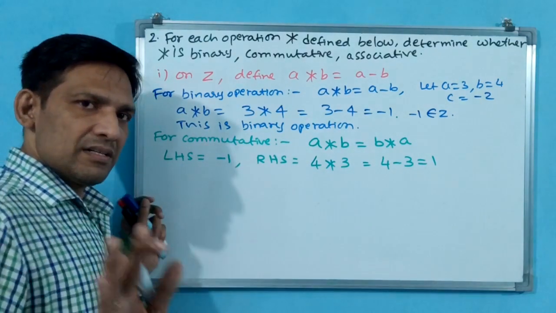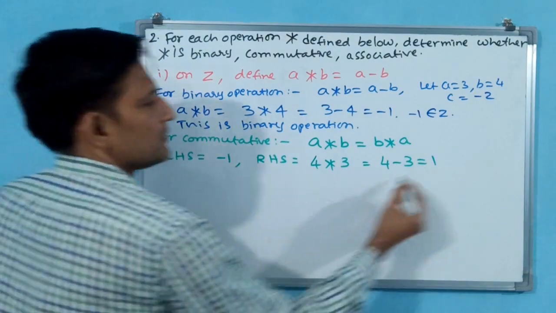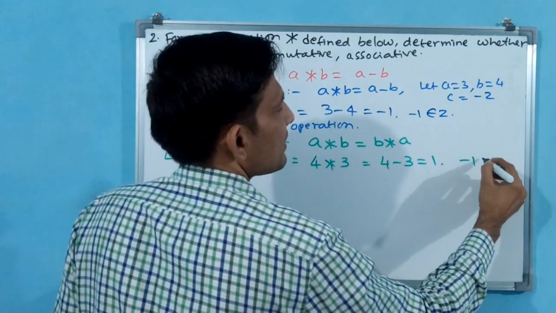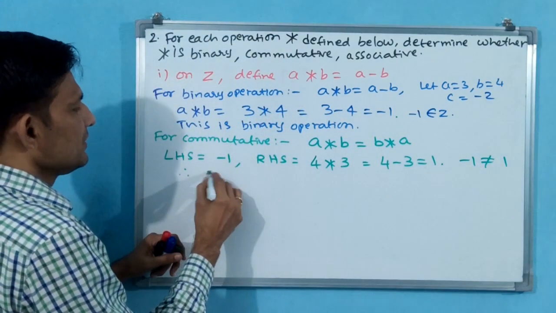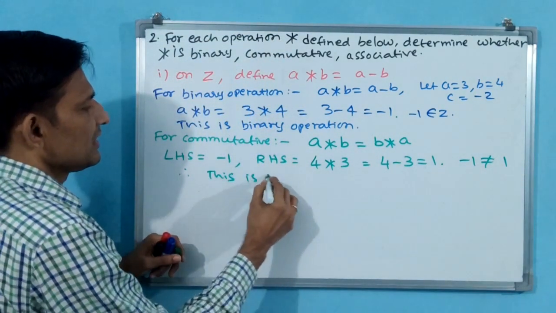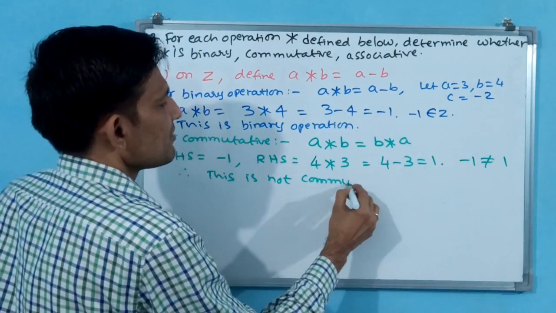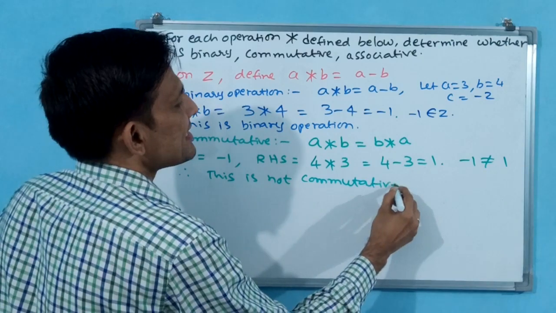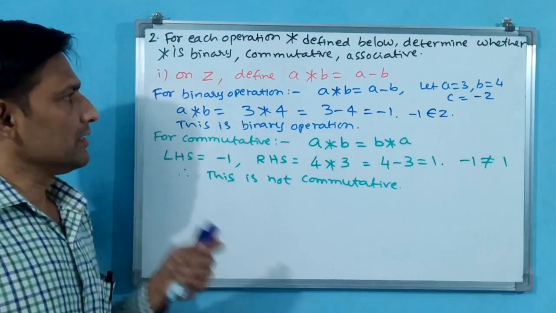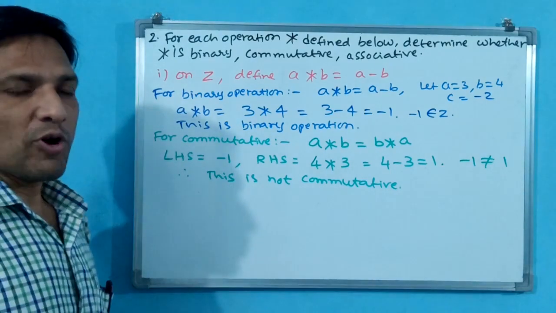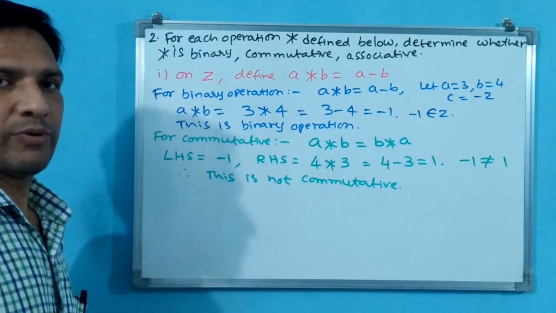Then this is not commutative. Let us write: minus 1 not equal to plus 1, therefore this is not commutative. When it is not commutative, 99.99% it is not going to become associative also.